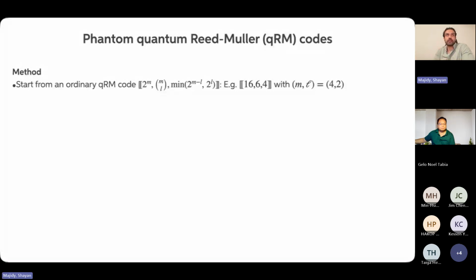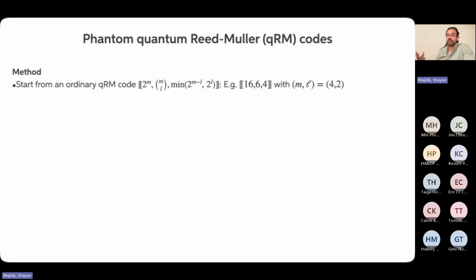Another strategy that's, again, fairly broad, is to begin with the quantum Reed-Muller code and then fix certain logical operators so that you can create codes with targeted gate sets. Here we do it for phantom codes. We start with an ordinary quantum Reed-Muller code, for example the 16-6-4 code.